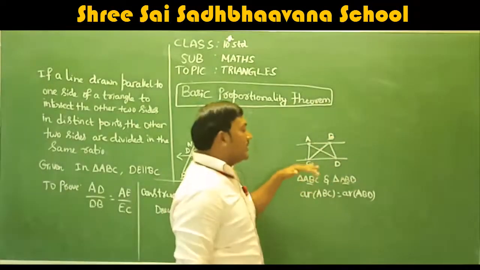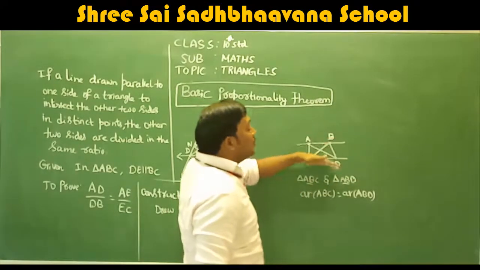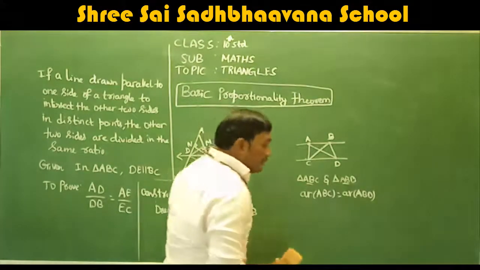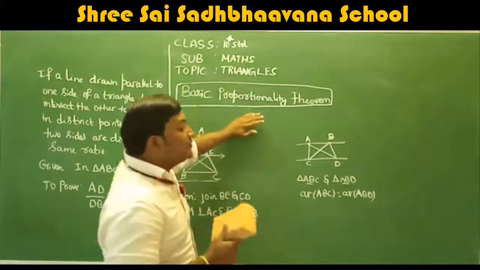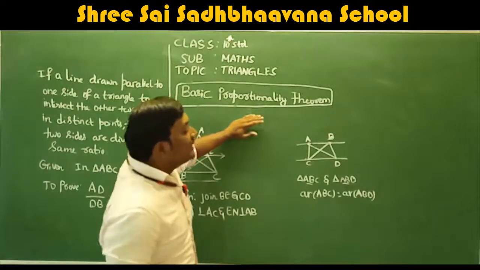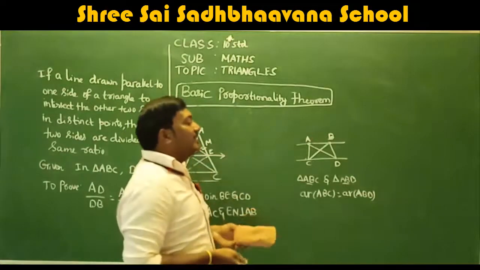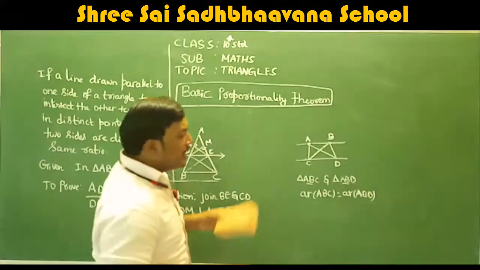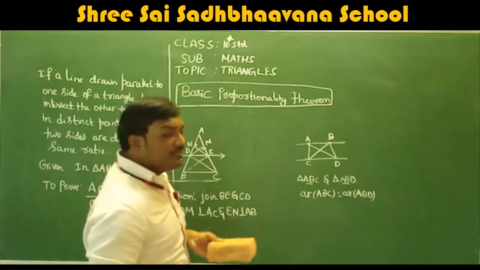That is the first point. The next point is these two triangles lie between two parallel lines. If these two conditions are satisfied, we can write area of triangle ABC is equal to area of triangle ABD. You can ask me, why can't we take CD as base?